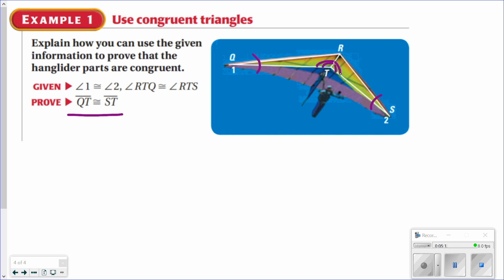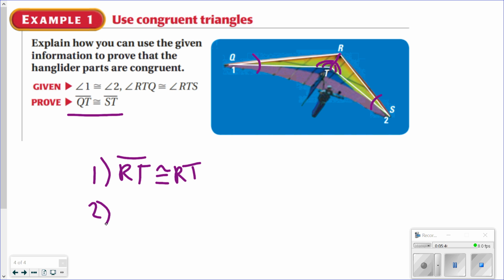Right now, we don't have enough information, but looking at the diagram, what else can we show? Well, they have a shared side, RT. So I'm going to write that down. They both share RT, so RT is congruent to RT. So I now have enough information to say that these two triangles are congruent.